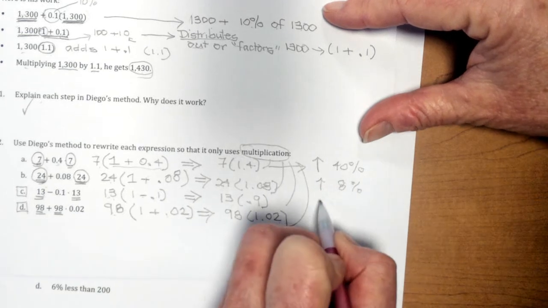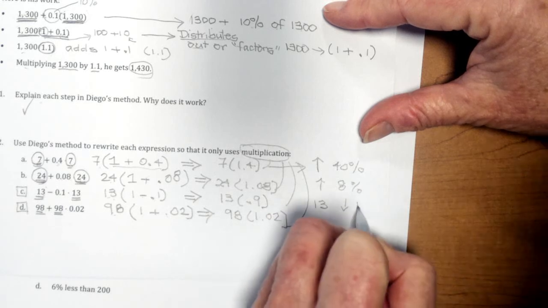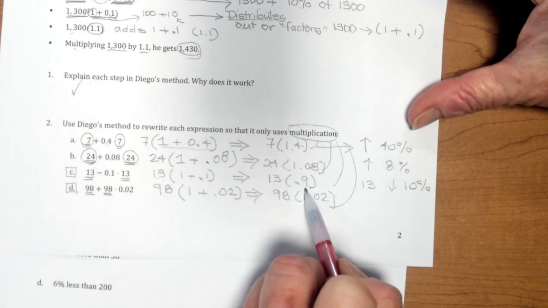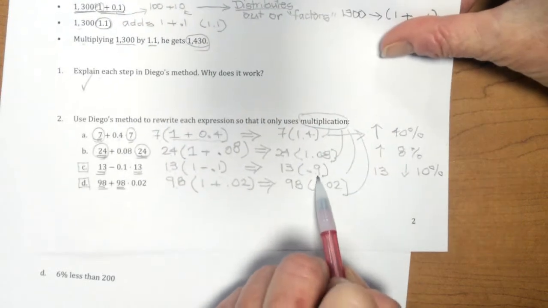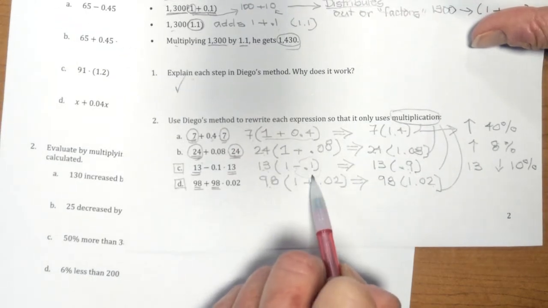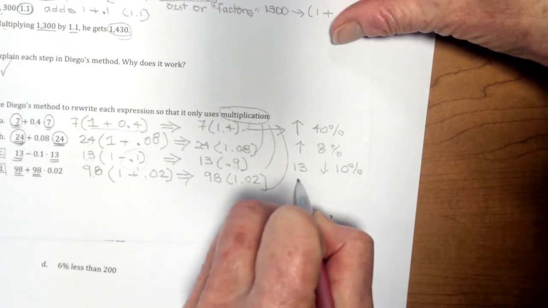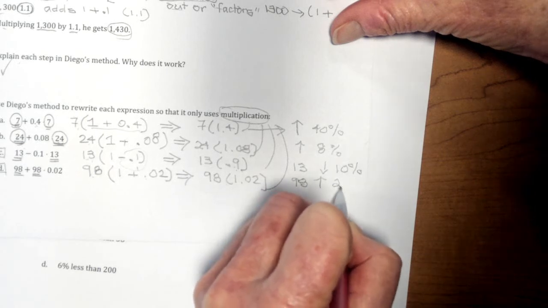I have 13 being decreased by 10%. You're probably asking, where did I get the 10%? Well, if I take 100 and I subtract 1/10, that's 90% remaining, but what did I take away? I got 10% decrease. And back right here, I've got 98 was being increased by 2%.